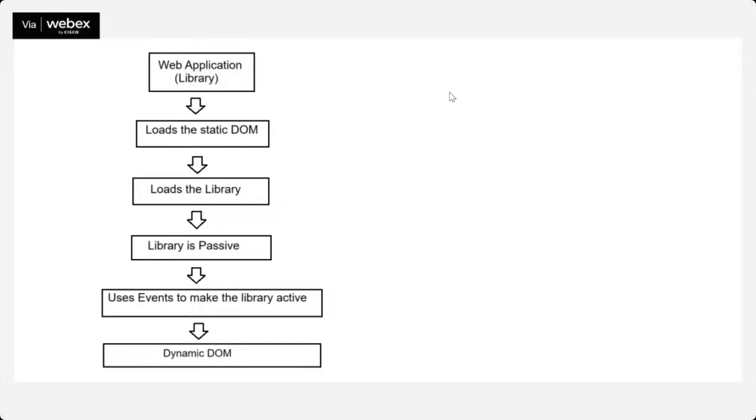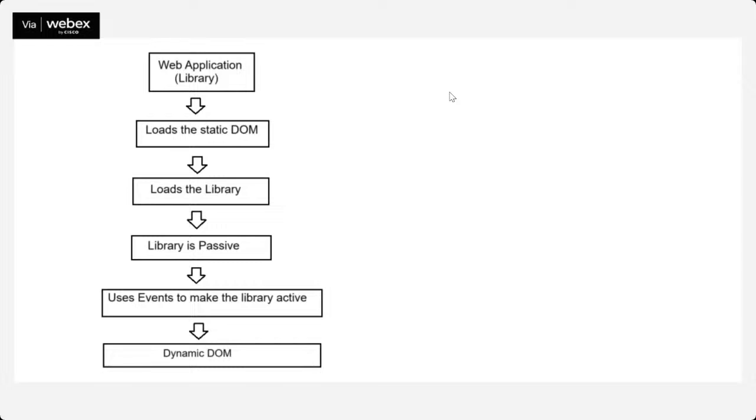So in computer programming technologies, when you are building any application using a library, first when you request that application, it loads the static DOM. After loading the static DOM, it loads the library. After loading, the library is not active because a library is just a set of functions which you can use to implement certain functionality.